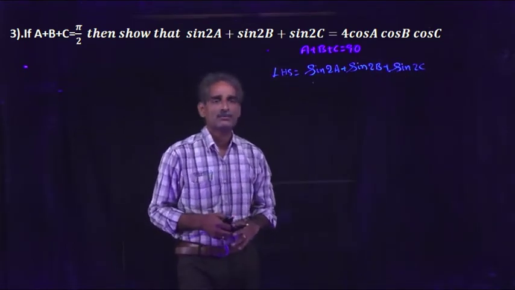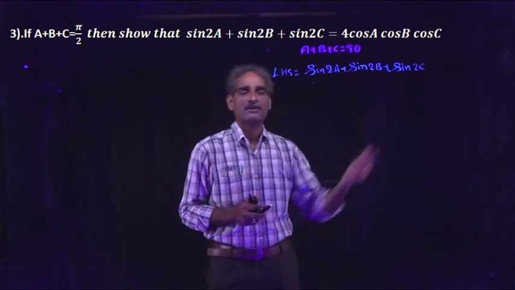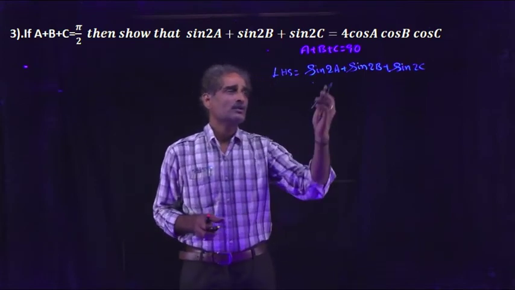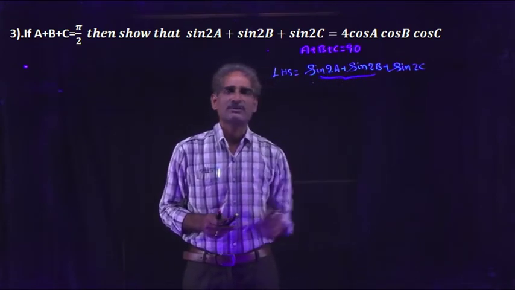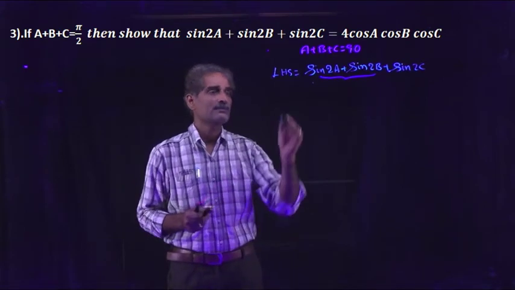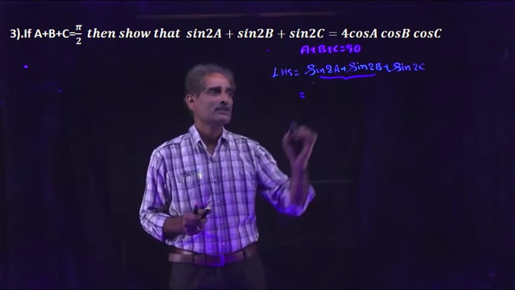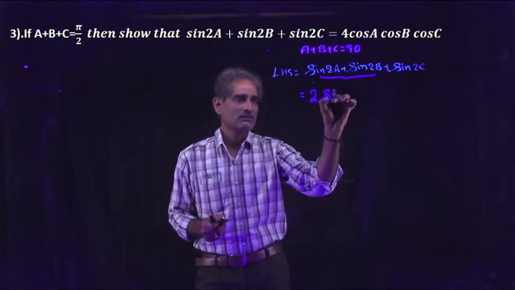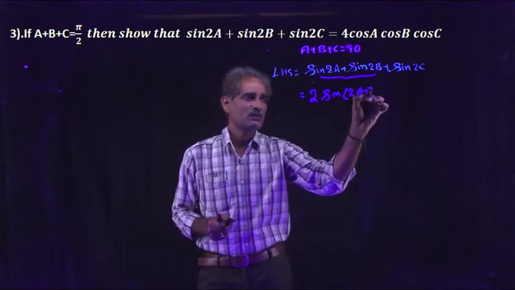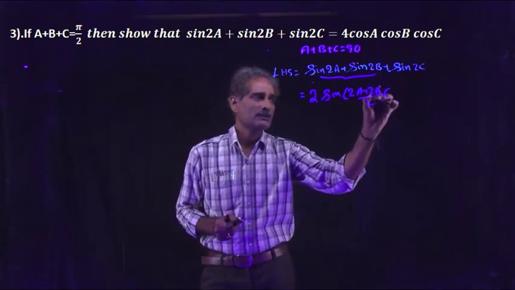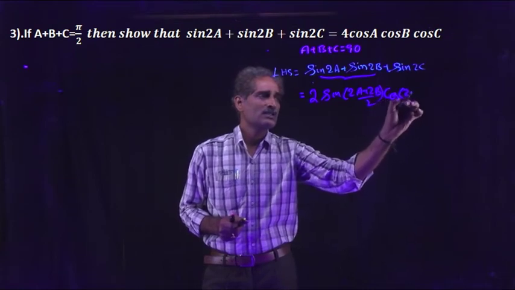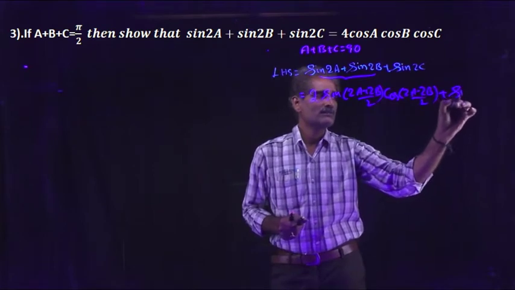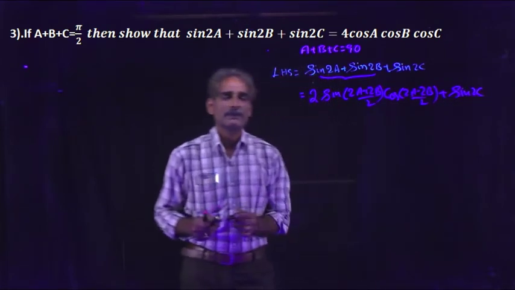We have to find this value in terms of the product 4 cos a cos b cos c. Okay, right. Now the same process: just apply it to the first two functions. Sin c plus sin d is 2 sin (c plus d)/2 cos (c minus d)/2, plus sin 2c.